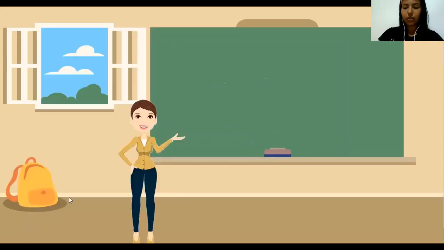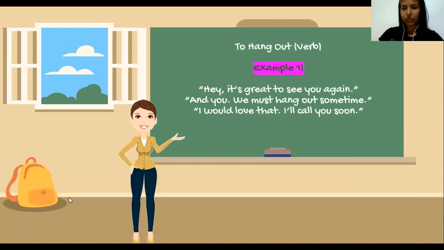The verb to hang out, okay? For example, if someone asks you where you usually hang out, they want to know in which place you prefer to be when you have free time. And if your friend asks you if you want to hang out with them, they are asking if you are free and if you want to spend some time together.